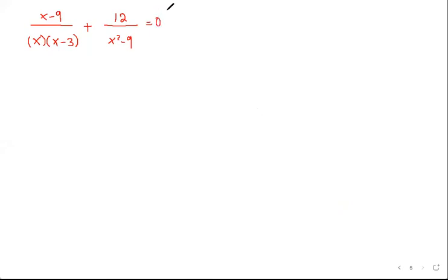Now we're going to find again the least common denominator between these two fractions.